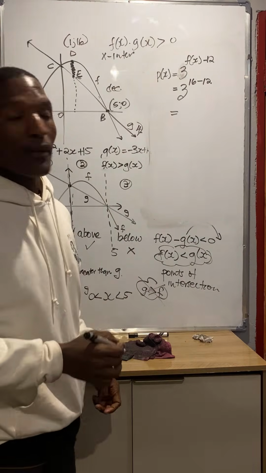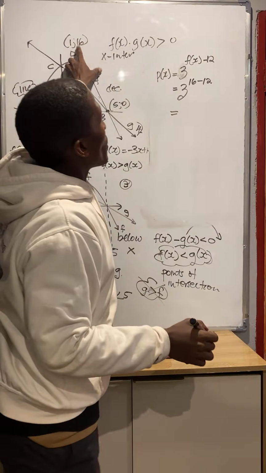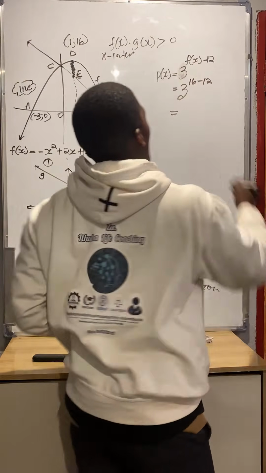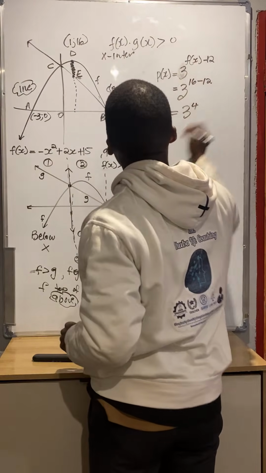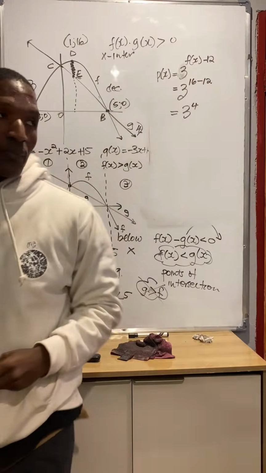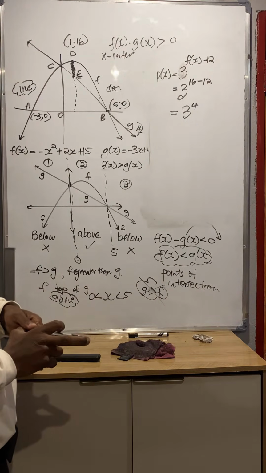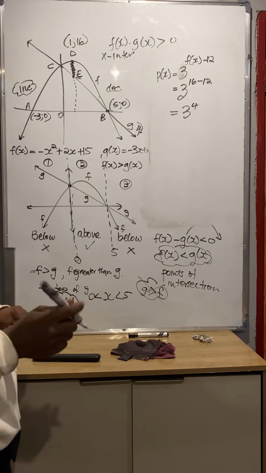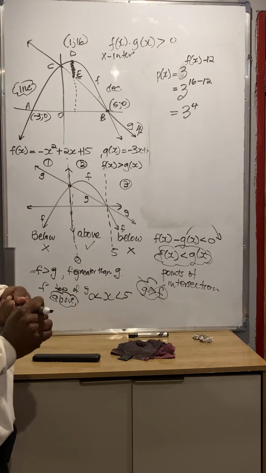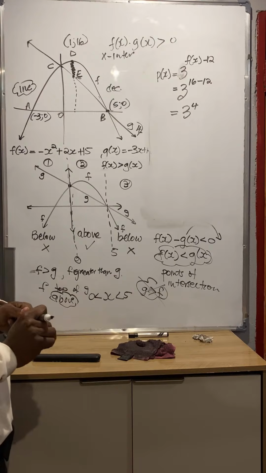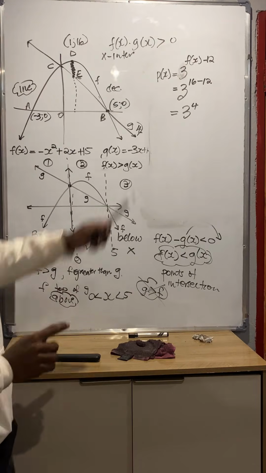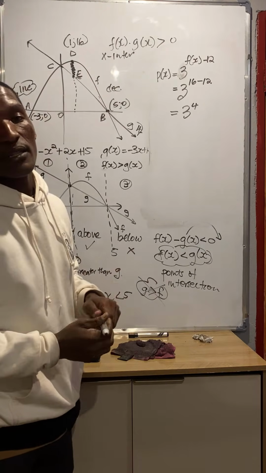So how about the maximum value? You take the turning point and substitute. Your answer is 3 to the power of 4, so I get 256. So how about the maximum value? You simply put in the y value of the turning point.